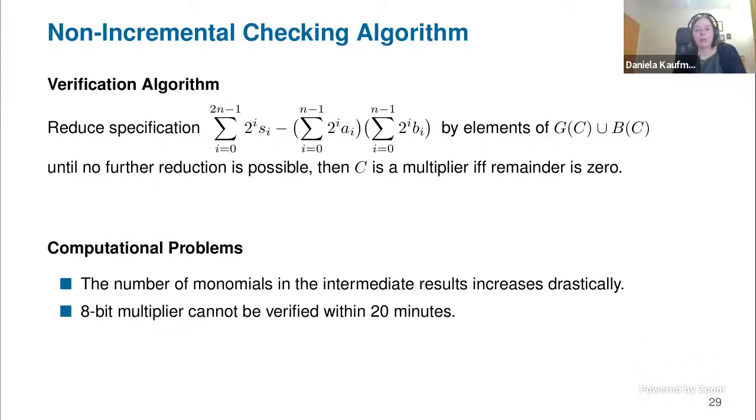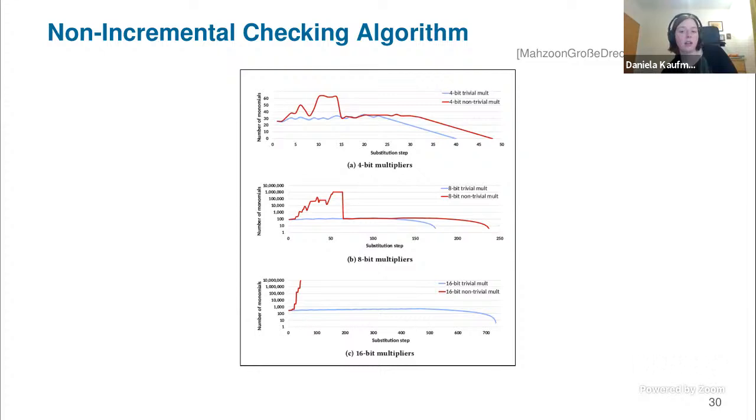In related work, they actually did some experiments on the monomial size after each substitution step. They chose a simple multiplier architecture, this is always the blue line, and a non-trivial multiplier architecture, this is the red line.